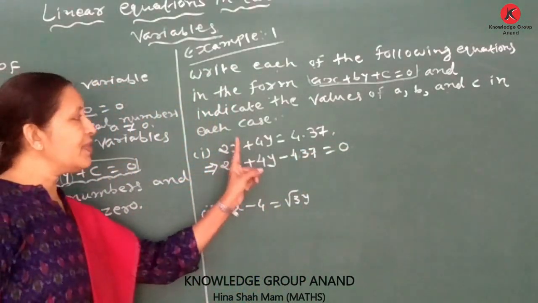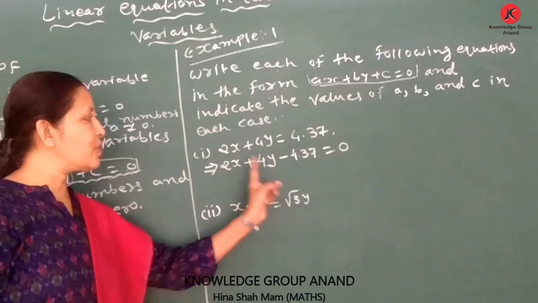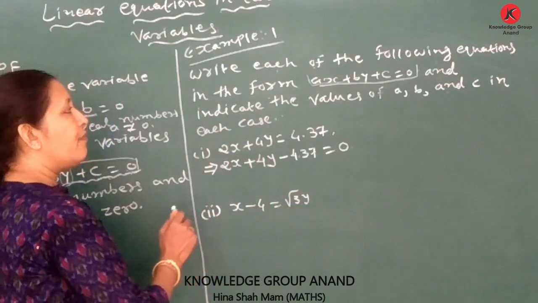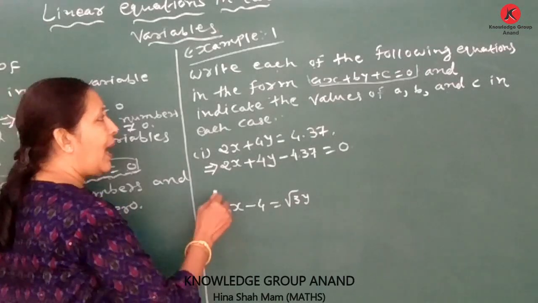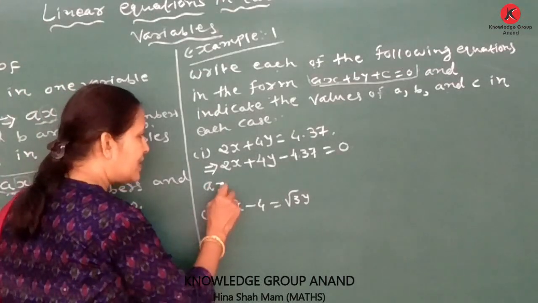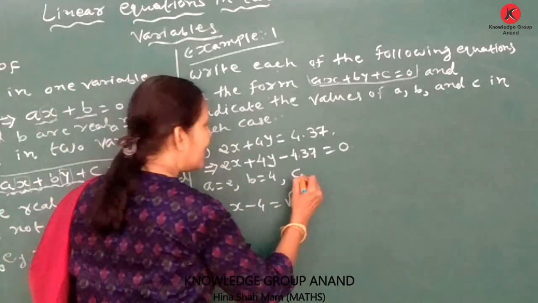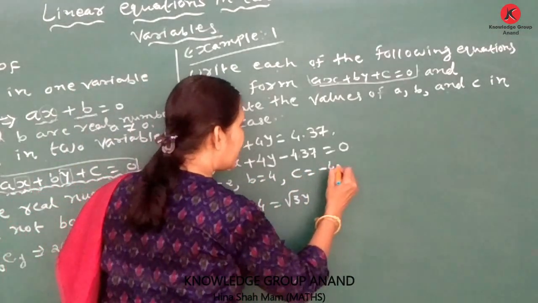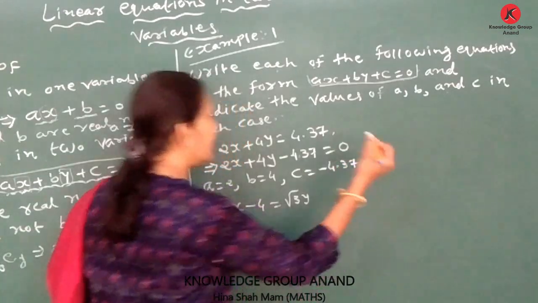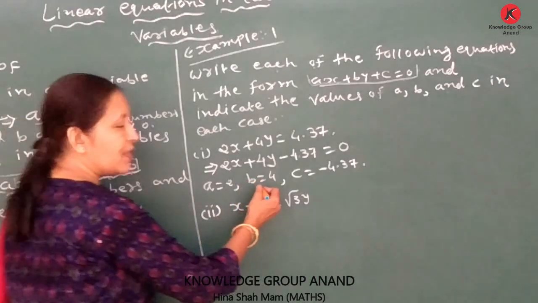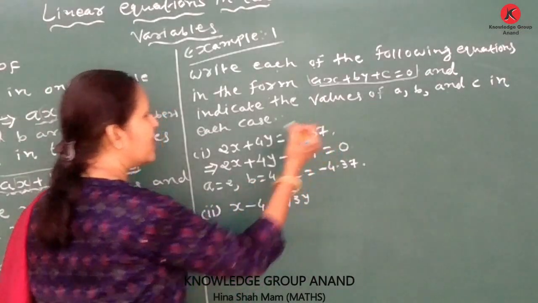We write this equation in standard form, ax plus by plus c equals 0. Indicate the values of a, b and c. Here a is equal to 2, b is equal to 4 and c is equal to minus 4.37.